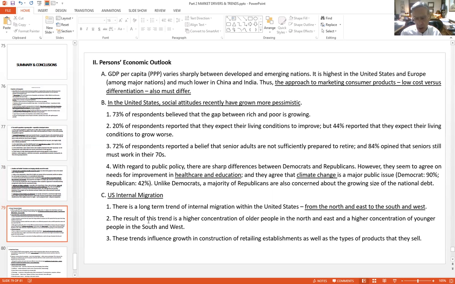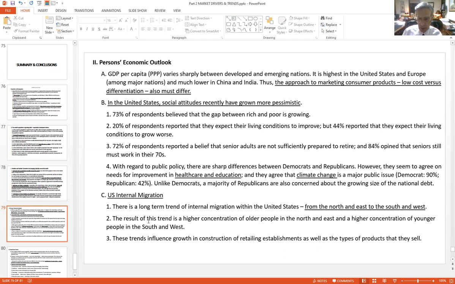And what we see, as in that one chart on differences between the haves and the have-nots, is that the gap between income groups widens, and as the per capita GDP, that is the tendency to consumption potentials, differ between nations, marketing strategies are going to have to employ both low cost and differentiation approaches.